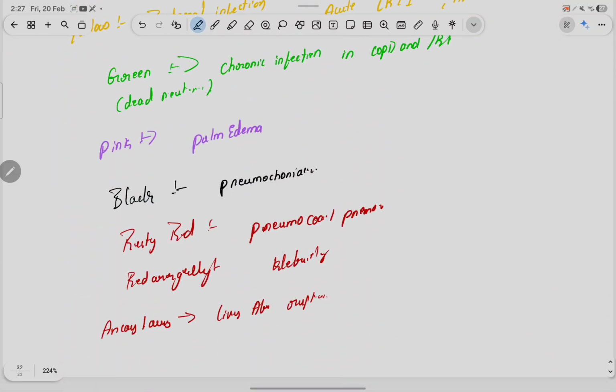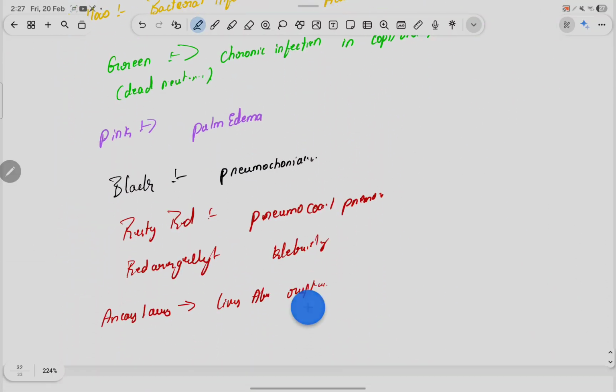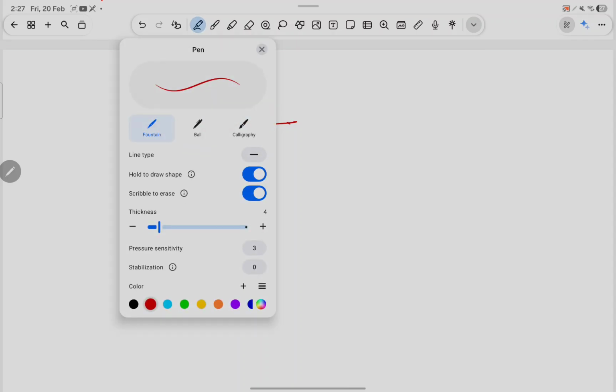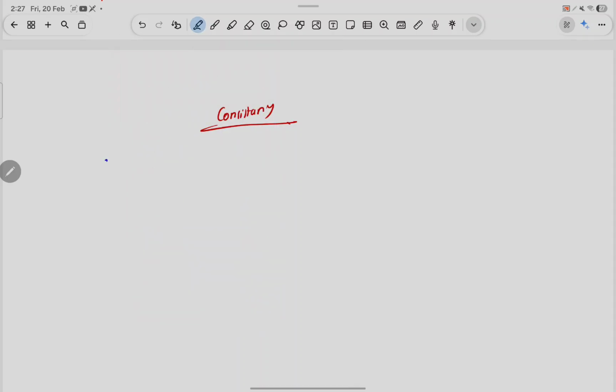Next we are going to consistency. Consistency can be serous, mucoid, purulent, and postural variation.